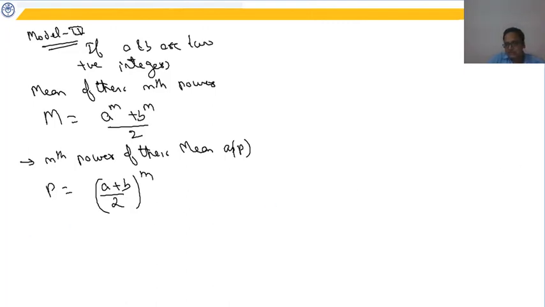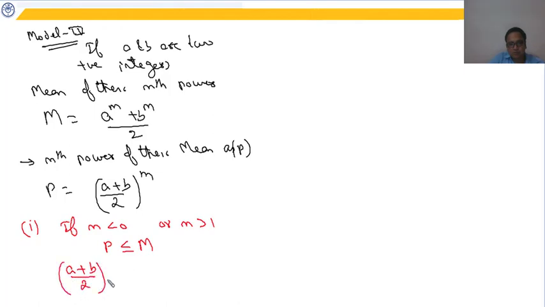Now we had three cases. First, if this m is less than 0 or m is greater than 1, then we can simply say that P is less than or equal to M. That is, ((a plus b) by 2) to the whole power m is less than or equal to (a to the power m plus b to the power m) by 2.